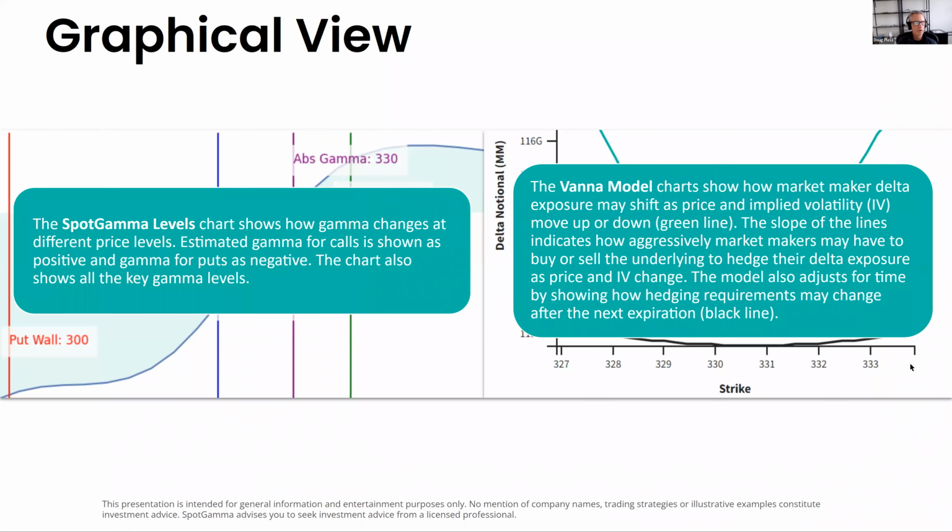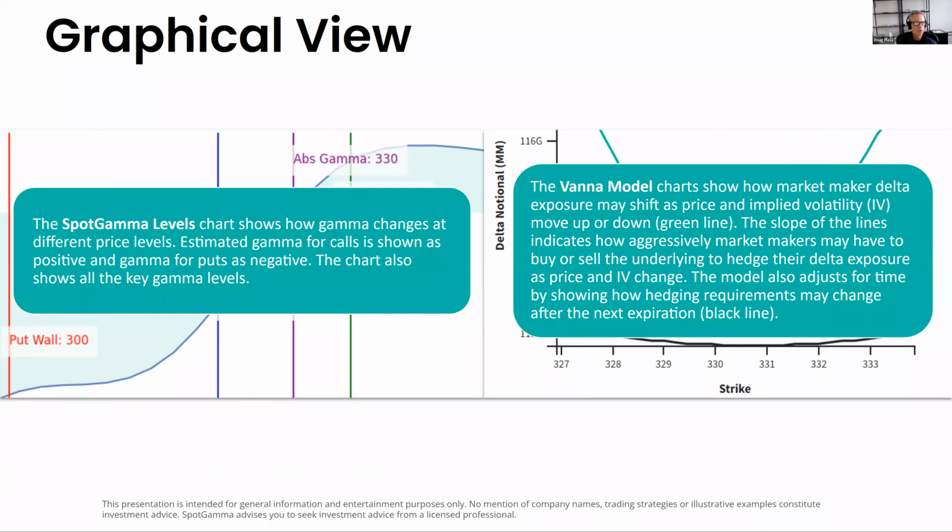And for the graphical view, the charts that I look at, first of all, the SpotGamma levels chart, and that's available on the founders notes, the AM and PM founders notes. These charts show how gamma changes at different price levels. Estimated gamma for calls is shown as positive, and gamma for puts is negative.